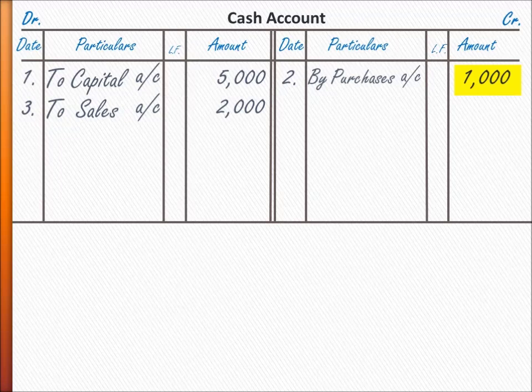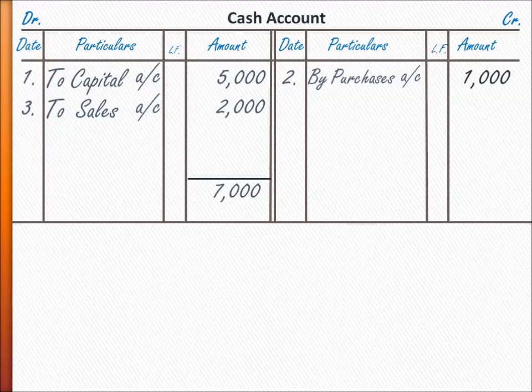So on debit side the total will be 7000, but on credit side the total is only rupees 1000. So you write down the total on the higher side first, because debit side total is 7000 and on credit side is only 1000. So supply the amount to the credit side so that the total can be equal on both sides.